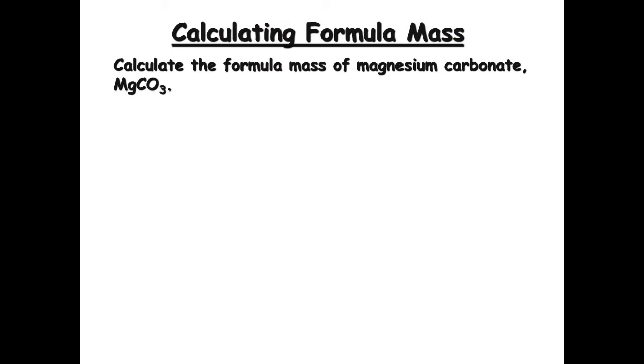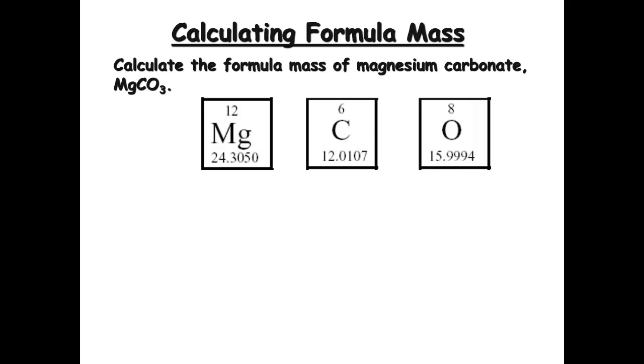So the way that you figure this out is you look up magnesium, carbon, and oxygen on the periodic table, and then add up those, but you have to multiply by an individual subscript.